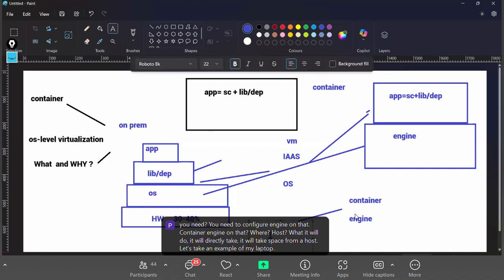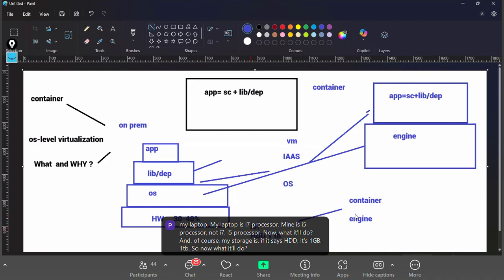Mine is an i5 processor, and my storage, if I say HDD, is 1 terabyte. Now what will it do? The container will be created here. Now how many containers can I create here? This will be the question: how many containers can I create here?